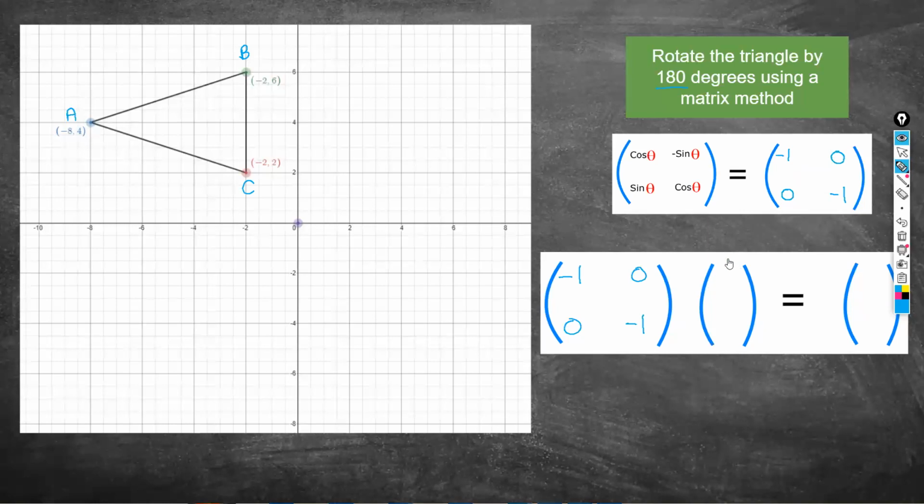So just as a little starter, we're going to take point A and put minus 8 and 4. Now, my advice is that you take your time and multiply it out. I know some of you may see a pattern when you take this matrix and multiply it by these points, you may see a pattern repeating itself.